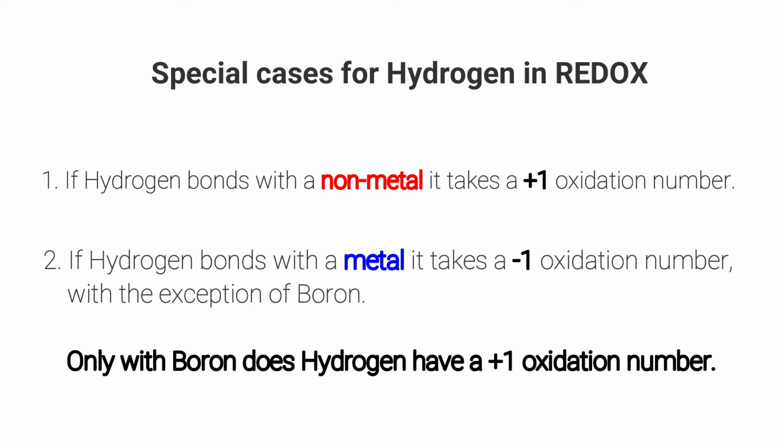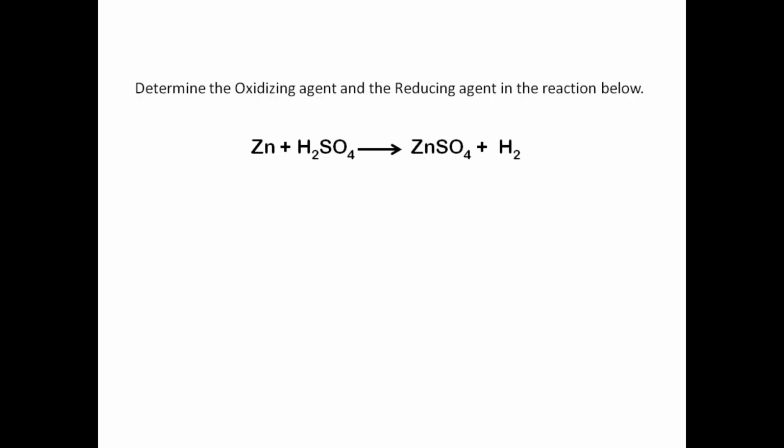Let us look at another example. You are given the reaction zinc plus sulfuric acid gives zinc sulfate and hydrogen gas, and you are asked to determine the oxidizing agent and the reducing agent in this reaction.